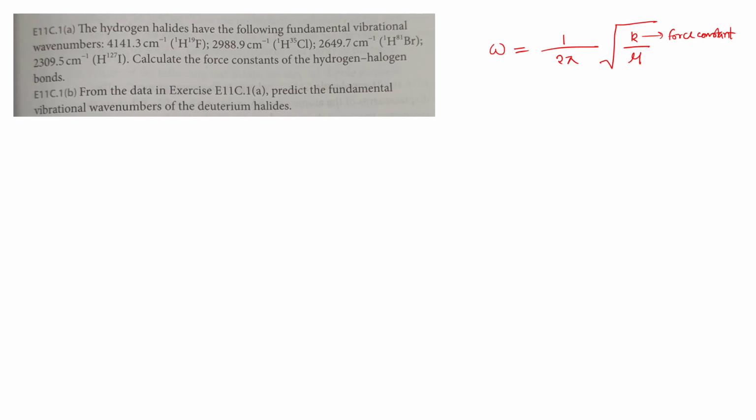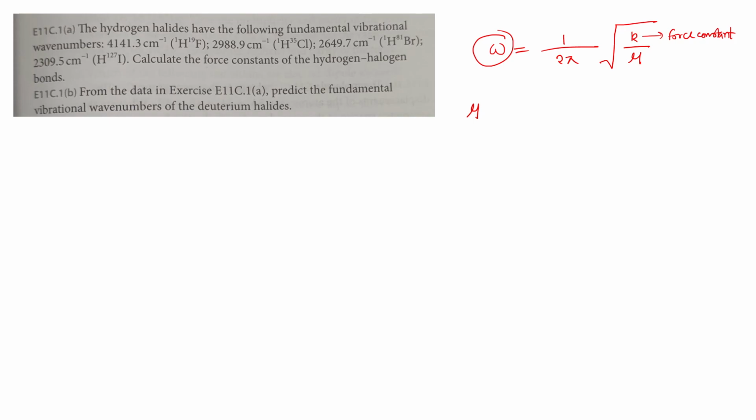Okay, so I will not do this calculation because you can understand what is given to you. This frequency, or you can say this wave number, is given to you. So what you need to do is calculate the mu for the different hydrogen halogen molecules and put them there.